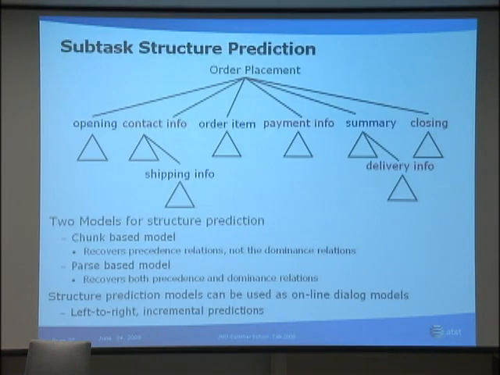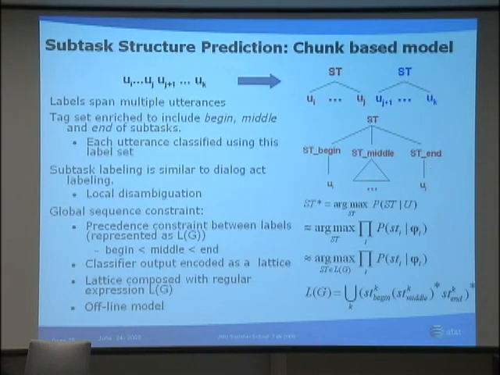So the next step is to predict the hierarchical structure, which is how do you get opening to contact info to order item, and so on. So again, this is modeled just like we modeled the chunking: begin, inside, and out.